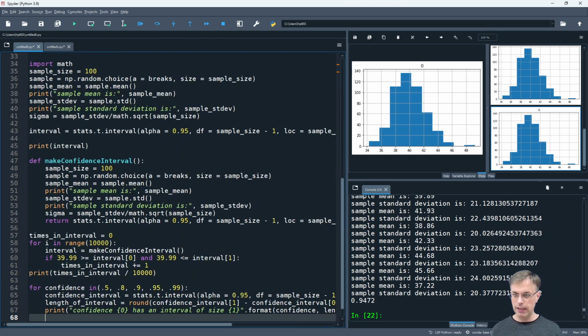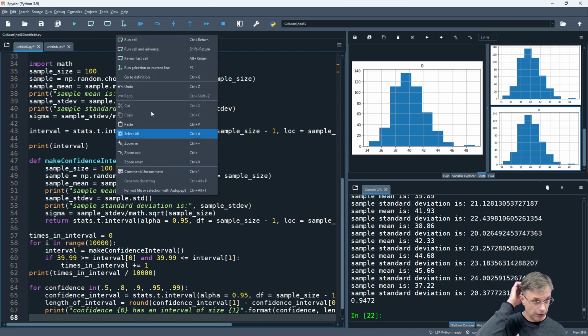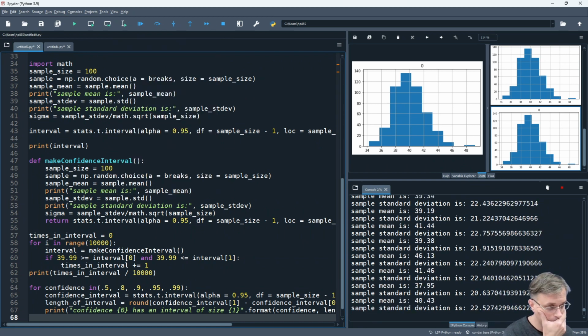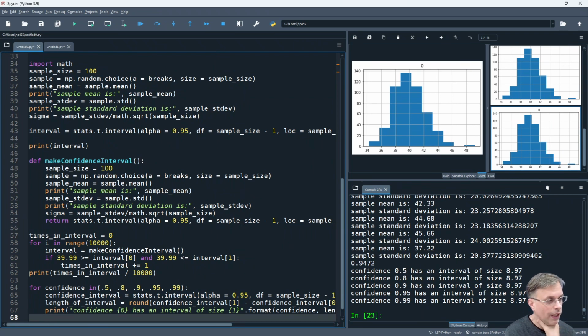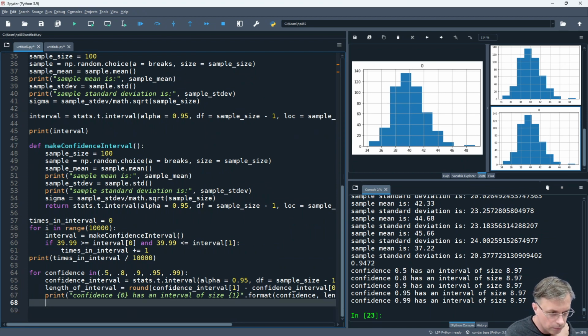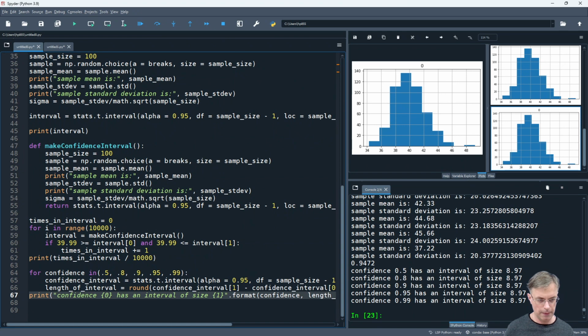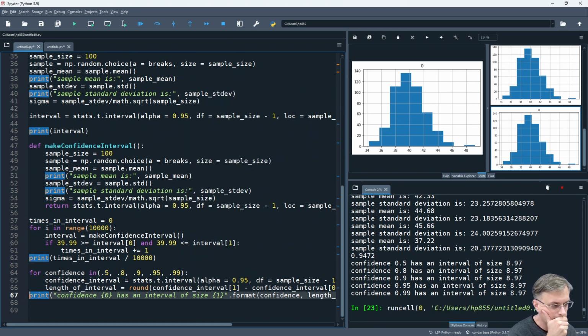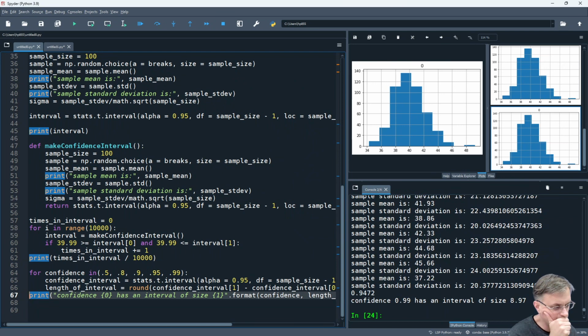Okay, this is still in 4, so let's try to run it this time. Okay, here we go. Let's get rid of this. Let's move it out. Let's see how it works. Let's try to run it again.